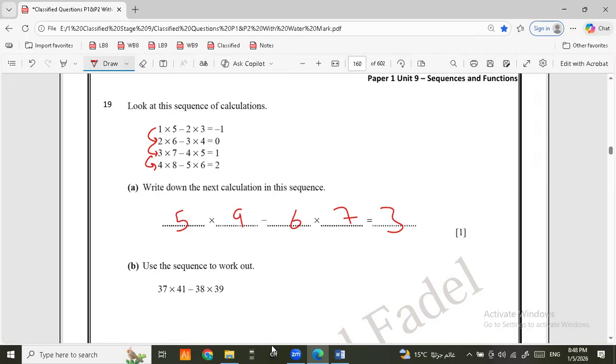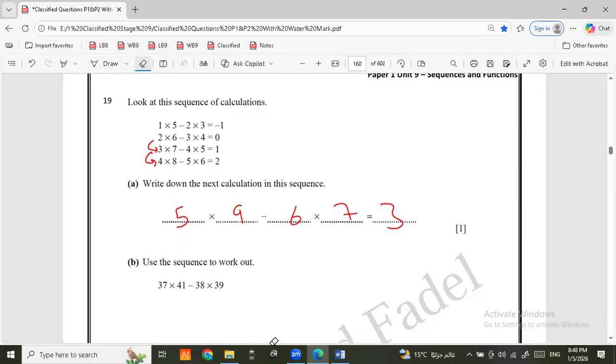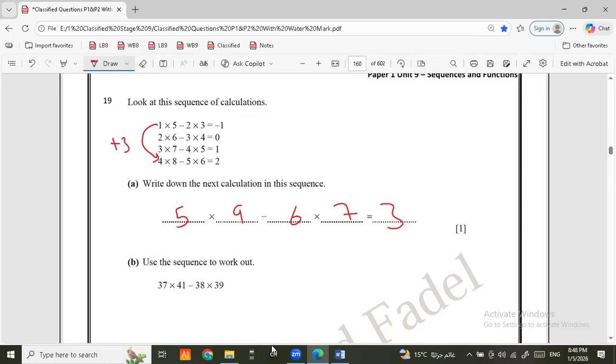Well, if you noticed here, look at this. When we jumped from 1 to 4, we added 3. So when you jump from here, you want to find the answer, you just simply add 3. It will give you the answer. Negative 1 plus 3 will give you 2.